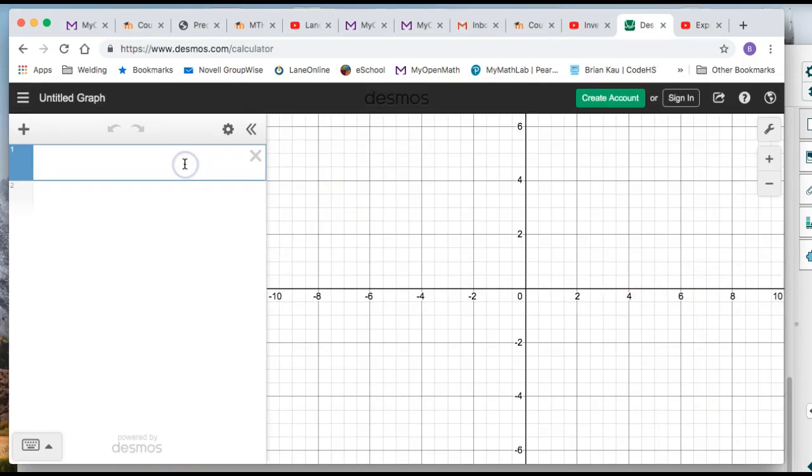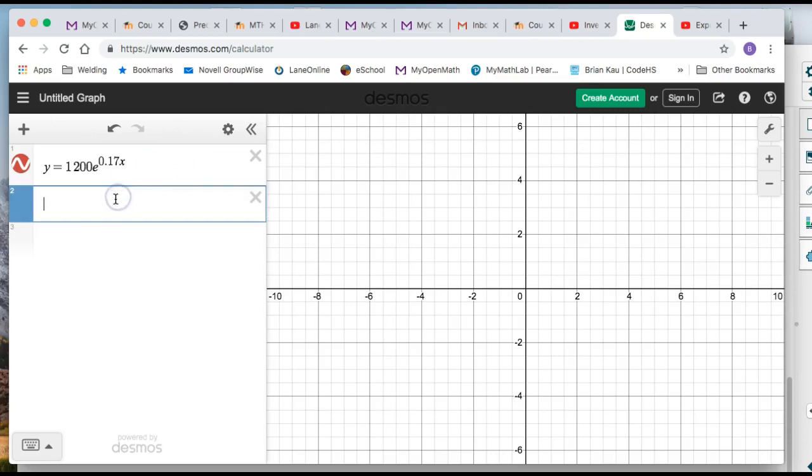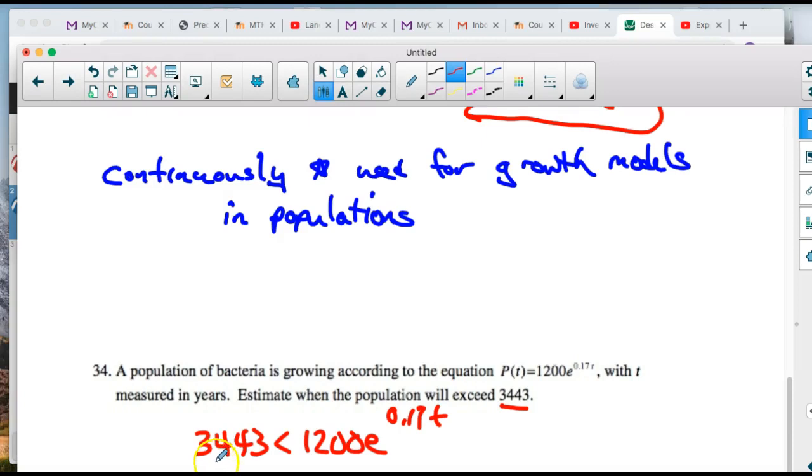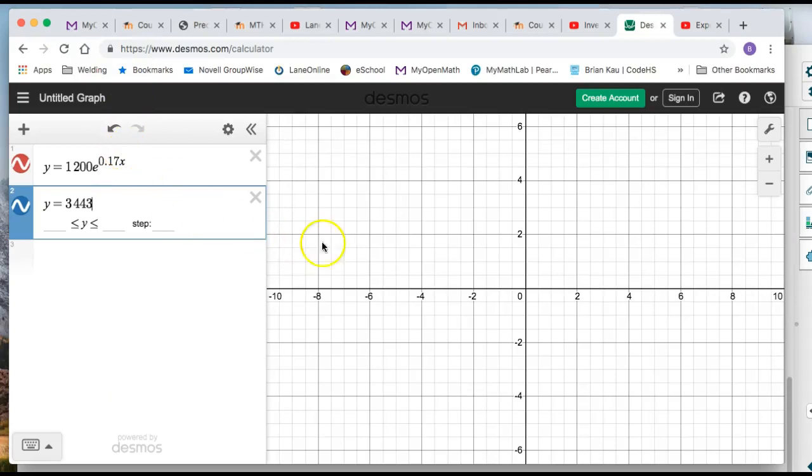We're going to type in y equals 12,000 e to the power of 0.17x, and we're going to type in y equals 3443. Let's just double check. 3443 and 12,000 e to the 0.17x. Yes, okay. So we need to look to see where these intersect each other.